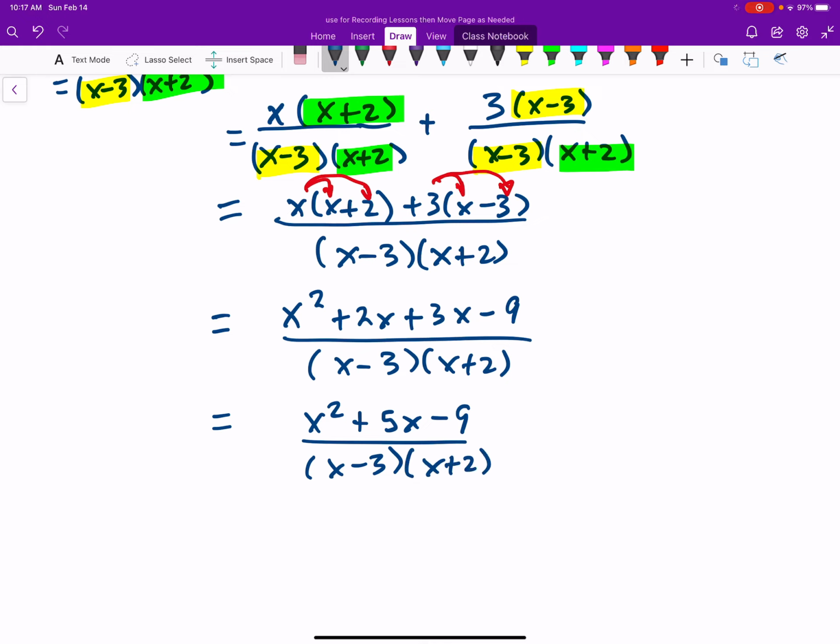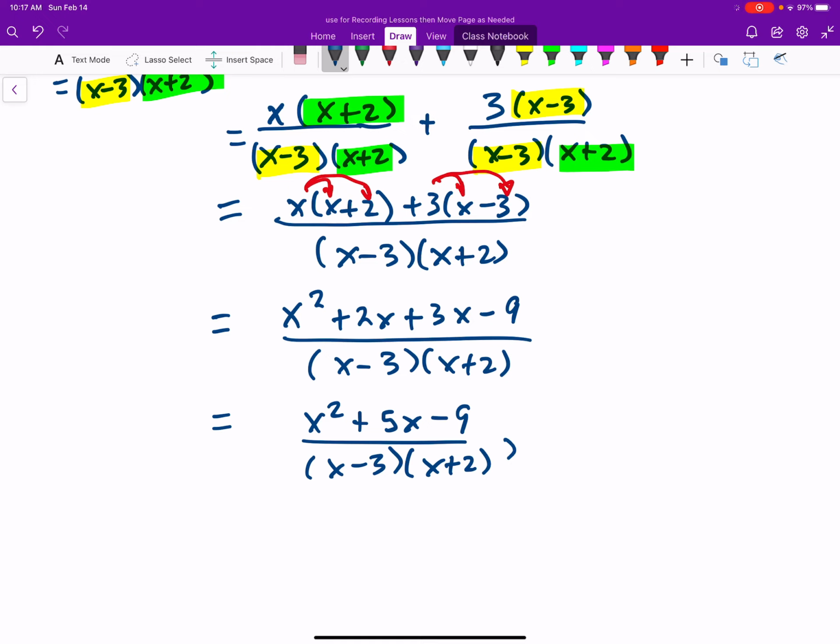And it's possible that I could factor the top, and if I could, then I could reduce. That's rarely the case, and I don't see any factors. For 9, the only factors are 1 times 9 and 3 times 3, neither of which is going to give me 5 in the middle. So no, I can't factor the top.